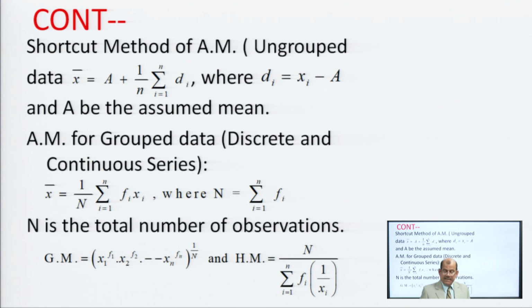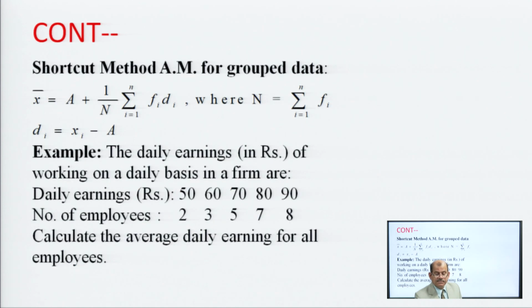And harmonic mean is equal to capital N divided by summation i is equal to 1 to n fi into 1 by xi. Shortcut method for arithmetic mean for grouped data we have already discussed. a is the assumed mean, summation fi di, where capital N is the sum of frequency.